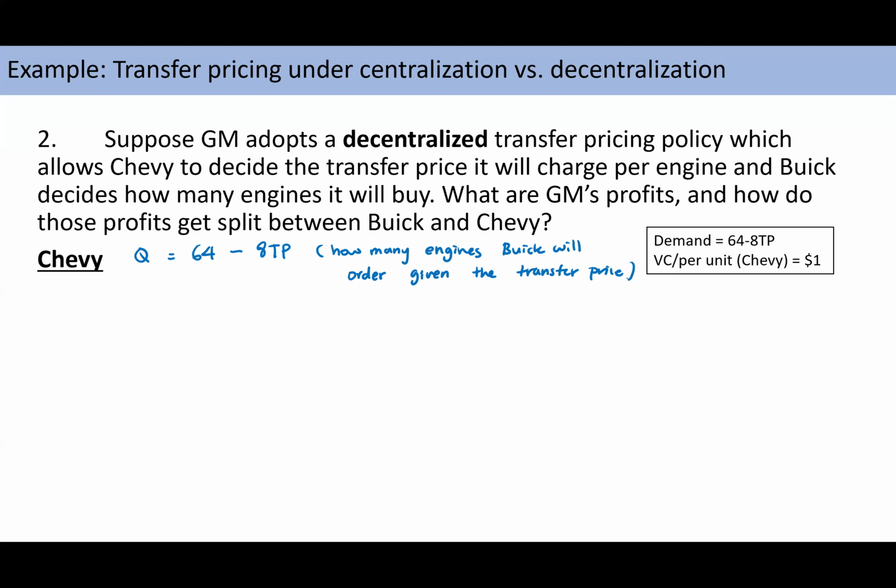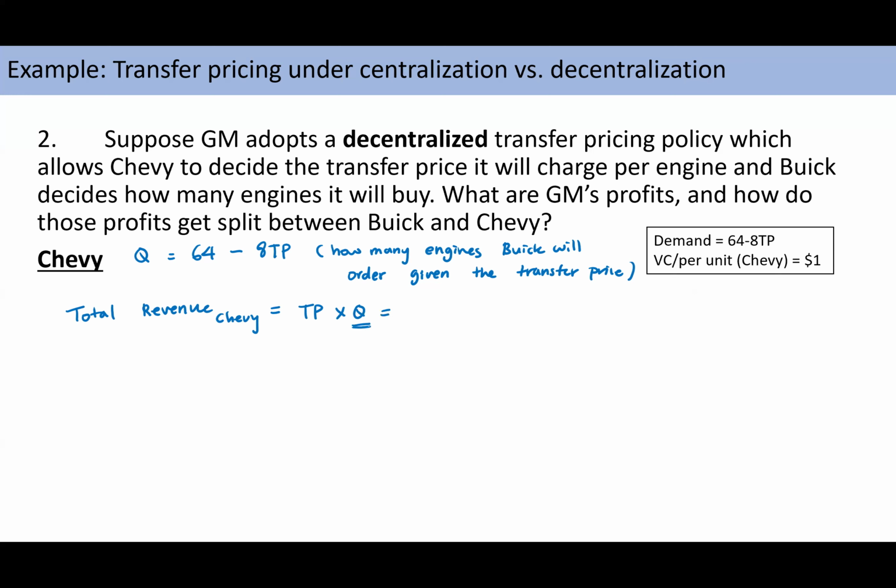And now with this information, Chevy can find the point which maximizes their profit. So let's find the total revenue function for Chevy. Their price is the transfer price. And their total revenue would be transfer price times the quantity sold.